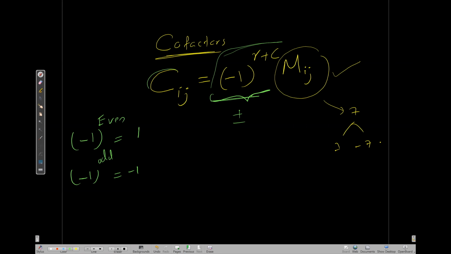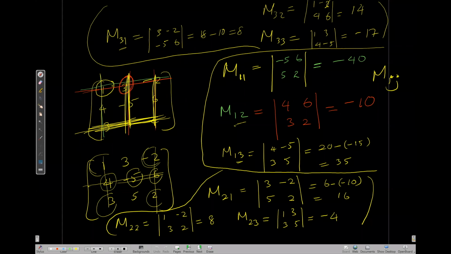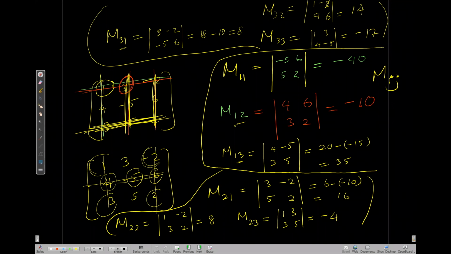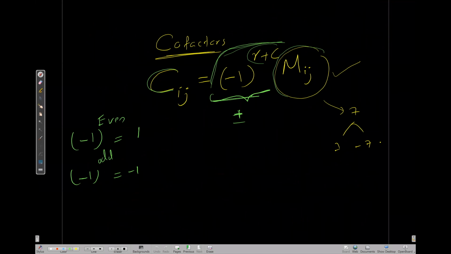So cofactor will be almost the same as minor in value, but the sign depends on the position. That is exactly why, let me go back, in the very first example, see this place, you get minus.